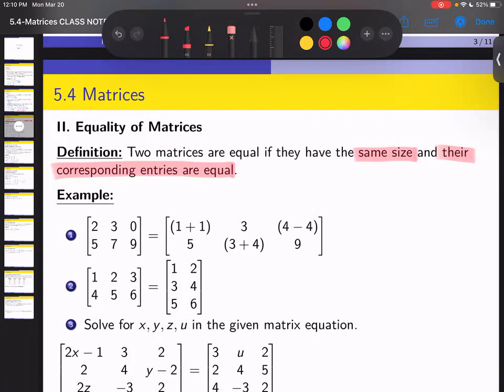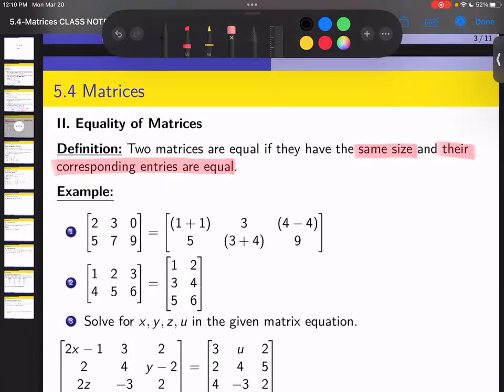First of all, are they the same size? Yes, right. What is the size? Yeah, 2 by 3, 2 by 3. So they're the same size. Their corresponding entries are the same. Yes, right. 2 is the same thing as 1 plus 1. 3 is 3. 0 is the same thing as 4 minus 4, right? 5 is 5. 7 is the same thing as 3 plus 4. 9 is 9.